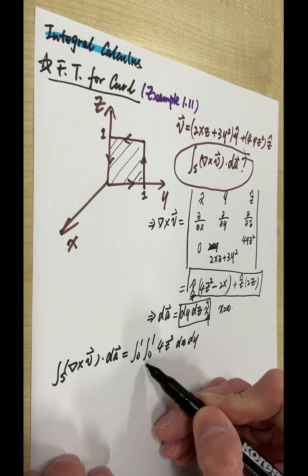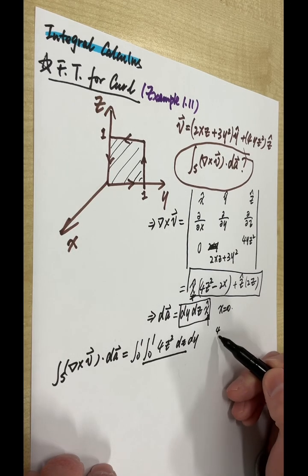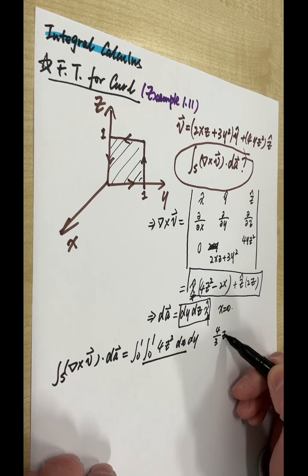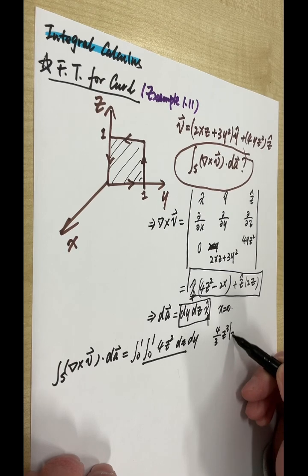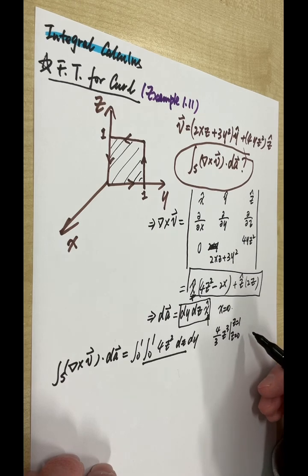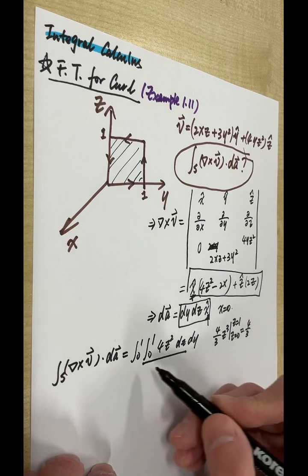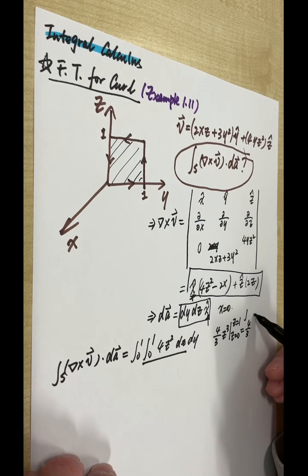Okay, so let's do this integral first. This would give us 4 divided by 3 z cubed, z equals 0 to z equals 1. So this gives us 4 divided by 3. And then we do the second integral for dy.